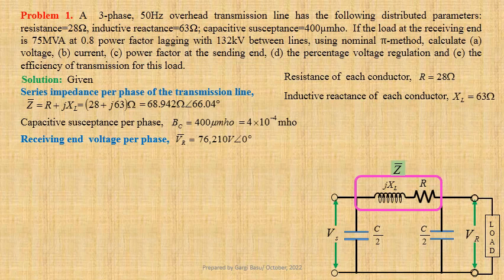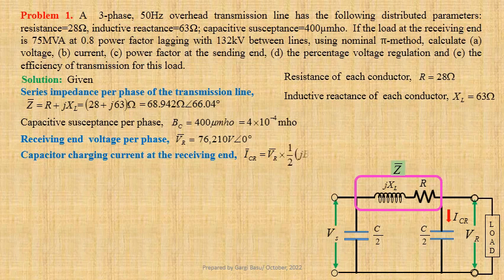Let us now calculate capacitor charging current at the receiving end. ICR equals VR into half of J times BC. Using values we get 76,210 at an angle 0 degree into half of 4 into 10 to the power minus 4 at an angle 90 degree.